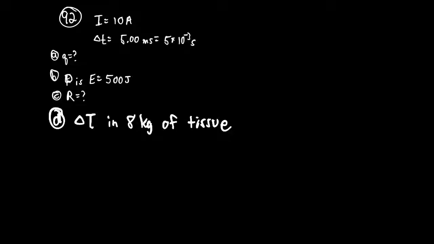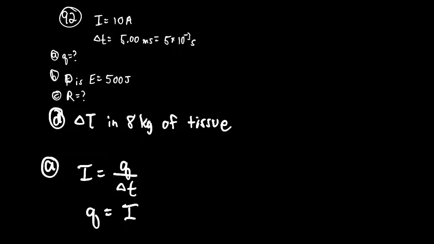Okay, first I have to find charge. What am I given? I'm given current and I'm given time. What is the definition of current? Charge divided by time. So charge is the current multiplied by the time.